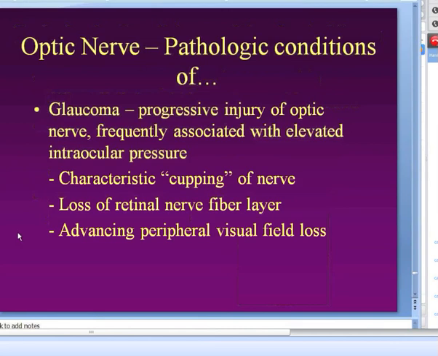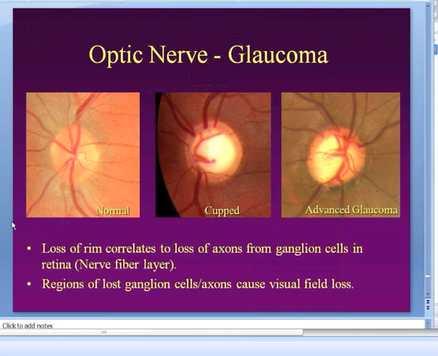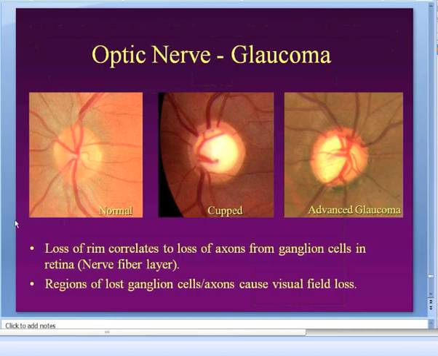Glaucoma is the most common disease of the optic nerve. It's very common. And what we see is high eye pressure causing an eventual destruction of those axons as they exit the eye. So we don't know exactly why the eye pressure causes destruction of the axons, but we know the sequence of events.